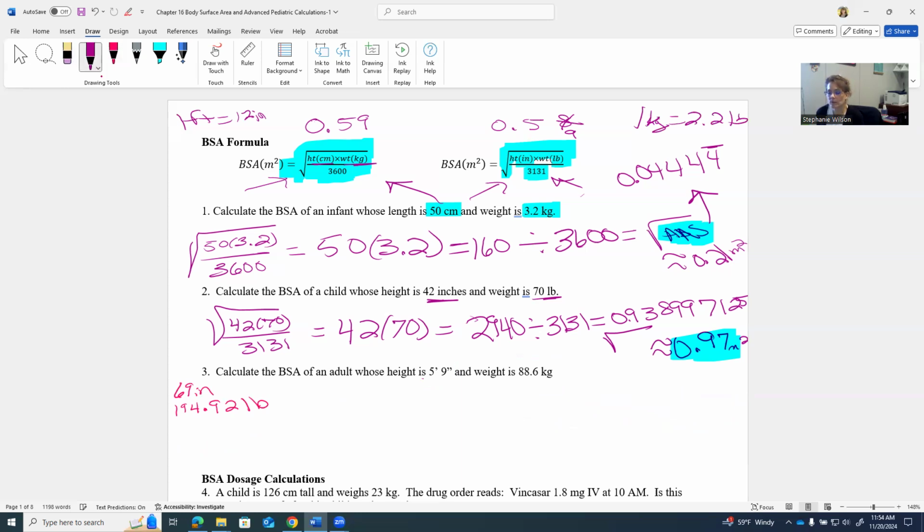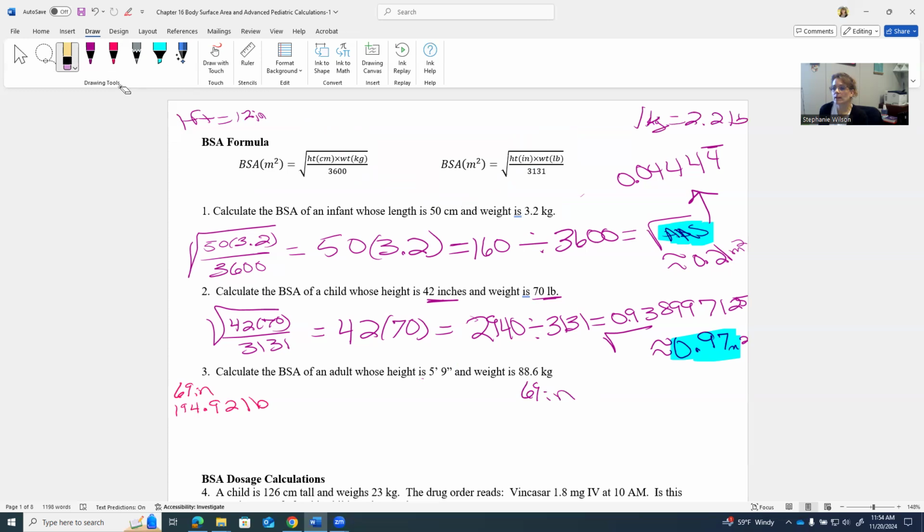So now over here, I need the centimeters. So I'm going to take the 69 inches and let's convert it to centimeters. Well, what I know is 2.5 centimeters equals 1 inch, right?